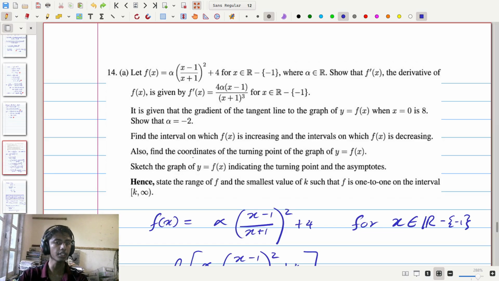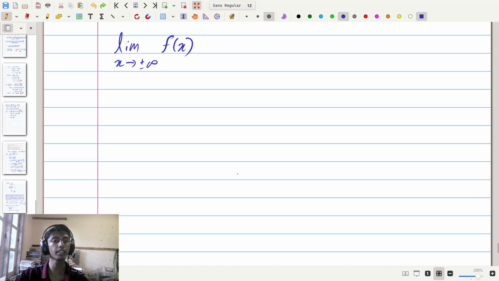So in this case, we can see on the denominator we have x plus 1, and therefore we need to find the limits on which x plus 1 approaches 0. So therefore we need to find the limits on which x approaches negative 1. So therefore I need to also apply the limit as x approaches the value of negative 1 from the left hand side, and also the limit as x approaches negative 1 from the right hand side of f(x).